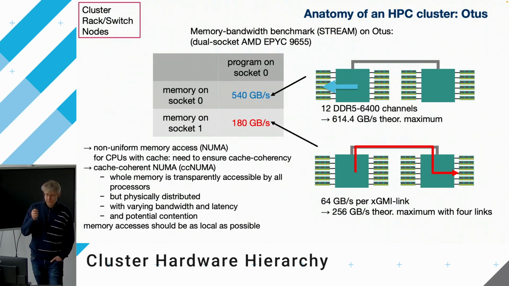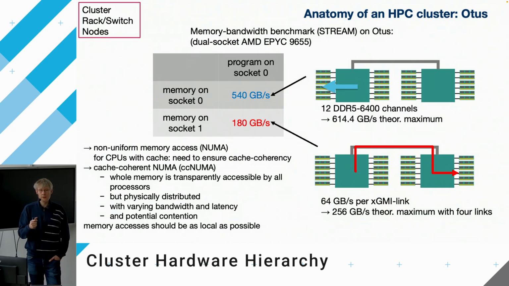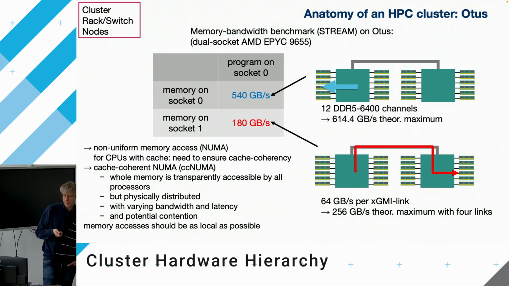Now, memory bandwidth is quite important for your calculations. You want to do some calculations, but you first need to get the data inside of the CPU, and then you need to get the results back into the main memory. Therefore, this memory transfer is quite important for good performance.